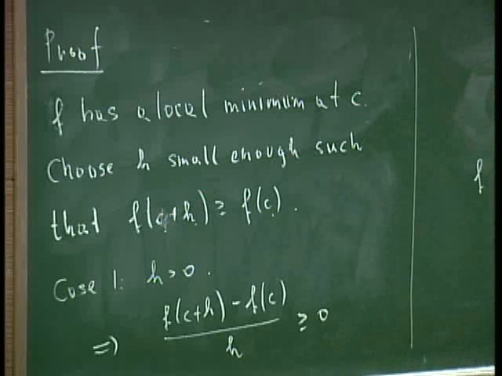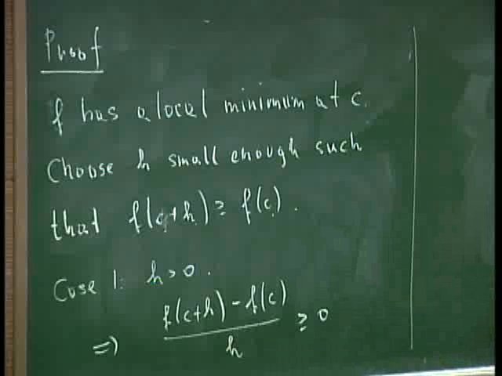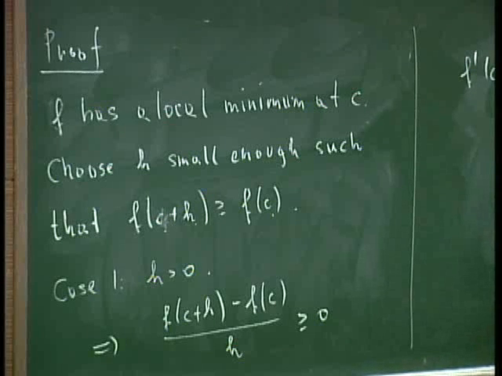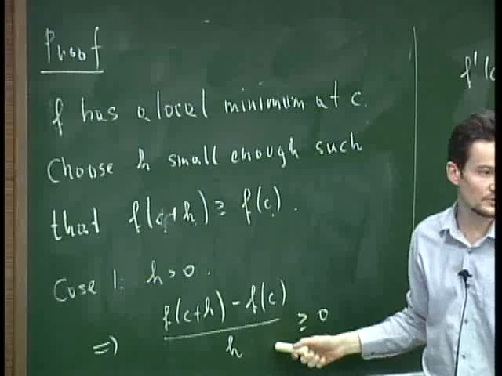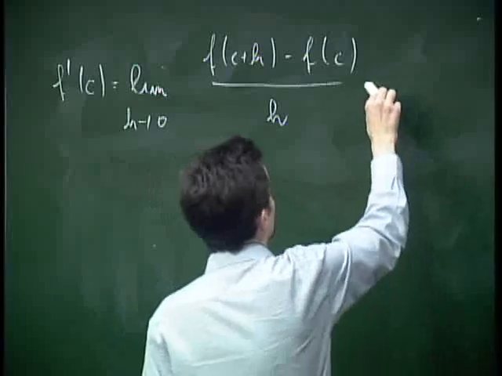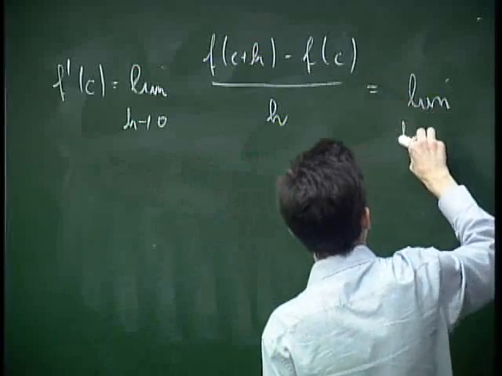Now I use the assumption that f is differentiable at c. So I know that if I take the limit as h tends to 0, this limit will exist and is equal to the derivative. So the derivative at c will be equal to the limit as h tends to 0 of f of c plus h minus f of c over h. But if I want to use this inequality, I have to look at the limit from the right.